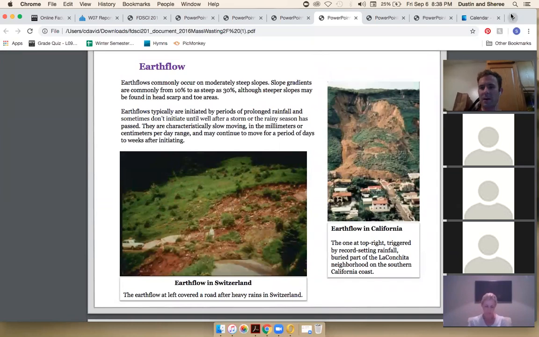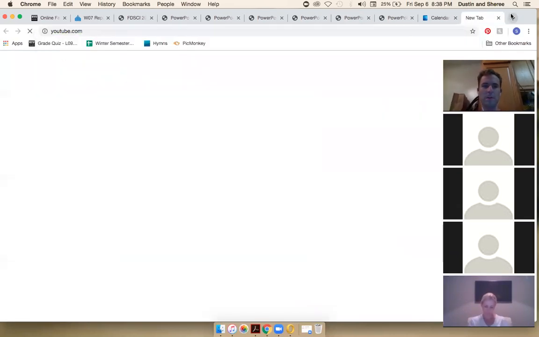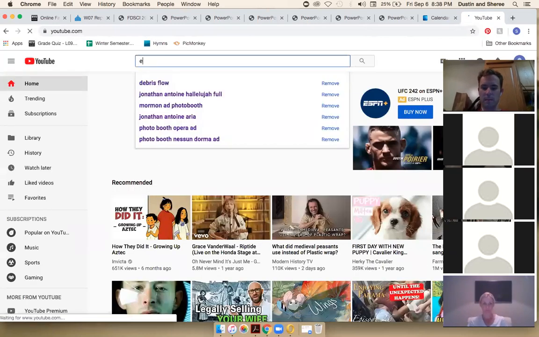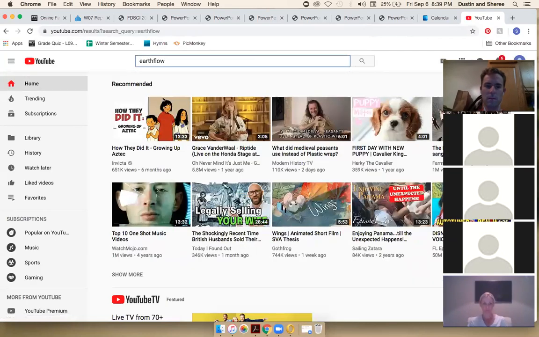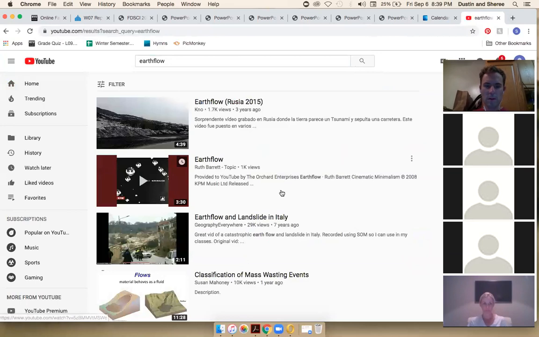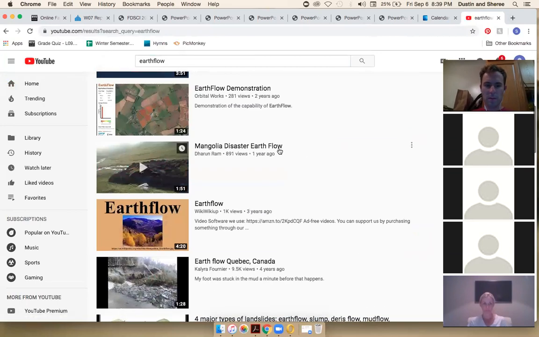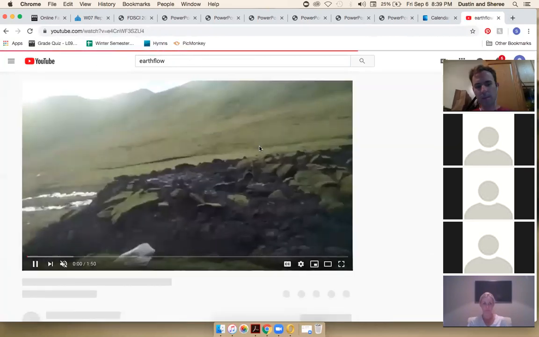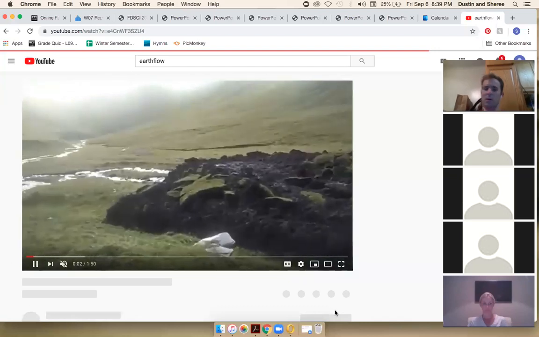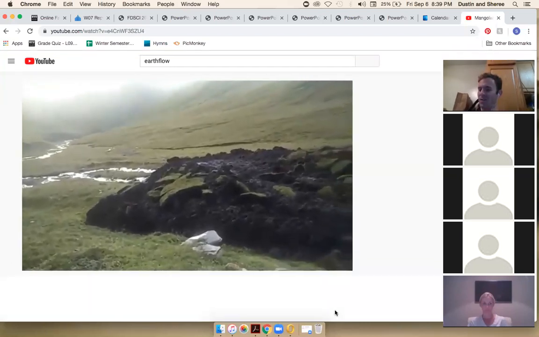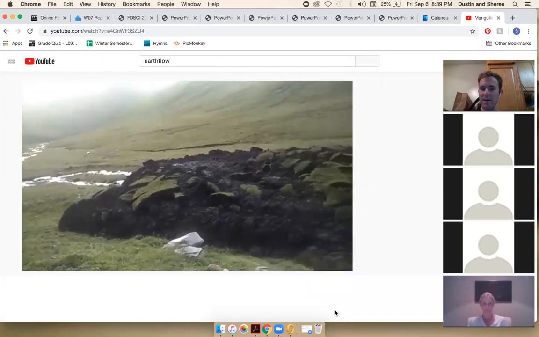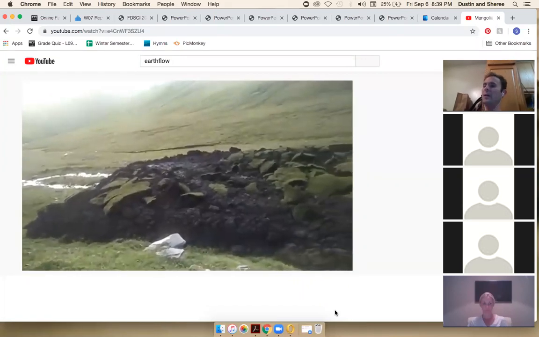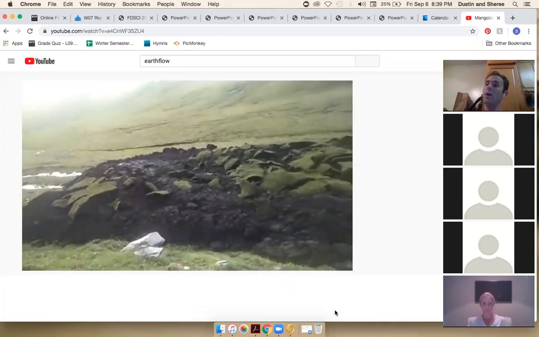As a matter of fact, I'm going to show you guys an earth flow real quick. Earth flow, Mongolia. This is a great image of an earth flow. You can see it's not moving nearly as fast as the debris flow.